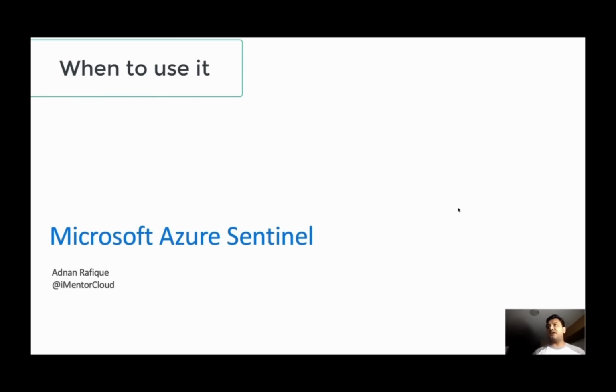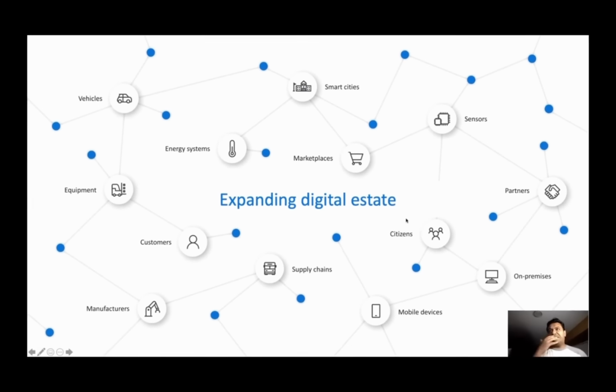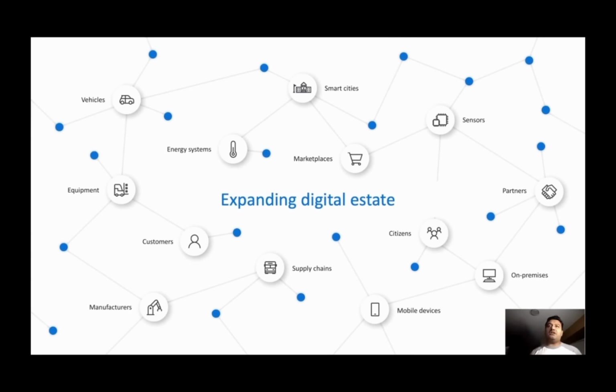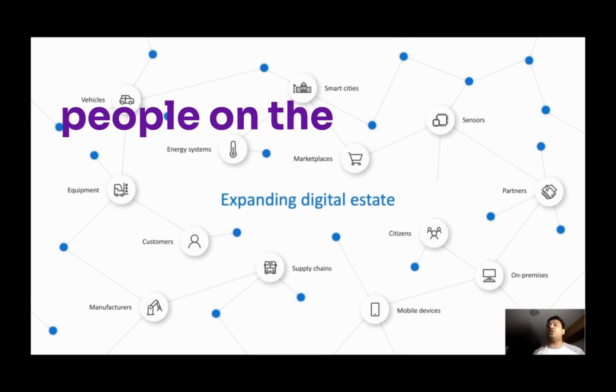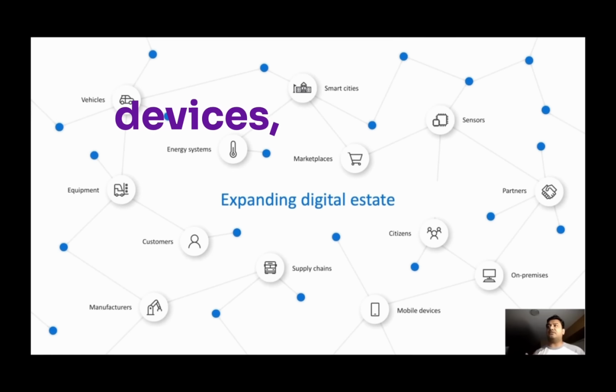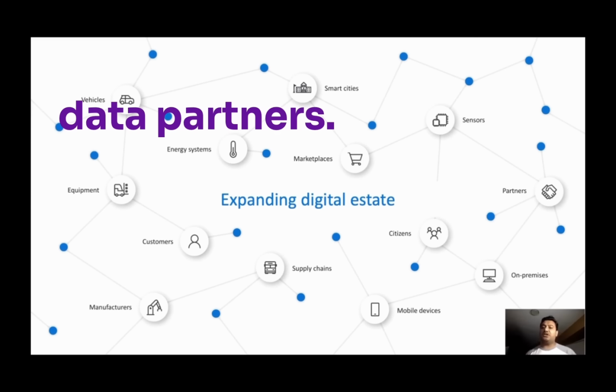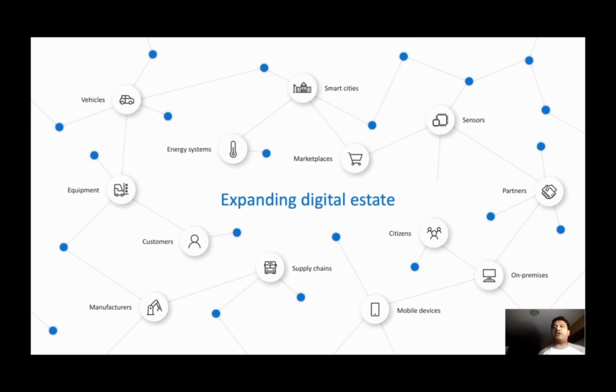So let's get started. If you look at the screen, these are your end users, the people on the road, mobile devices, on-premise data, partners. So basically, because of the cloud, your firewall, your data center is not your protection layer, because today everyone is in the cloud.